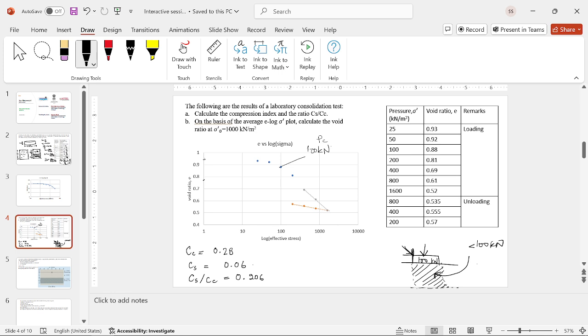Now it says that on the basis of average e-sigma log, calculate the void ratio at sigma naught equals 1000, which means that when it reaches here, we will stop the loading and we will unload it.